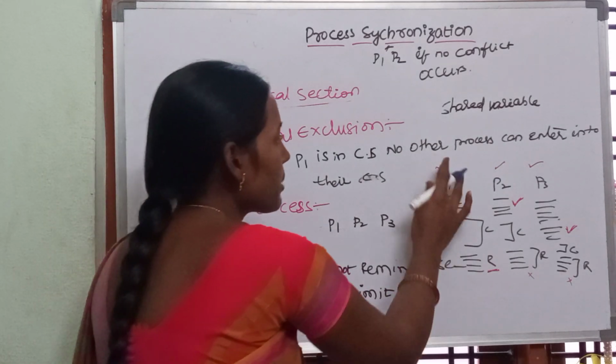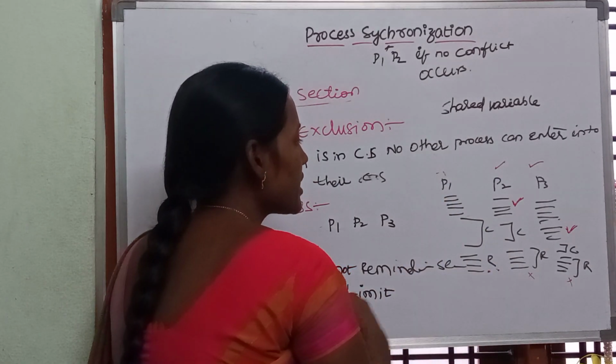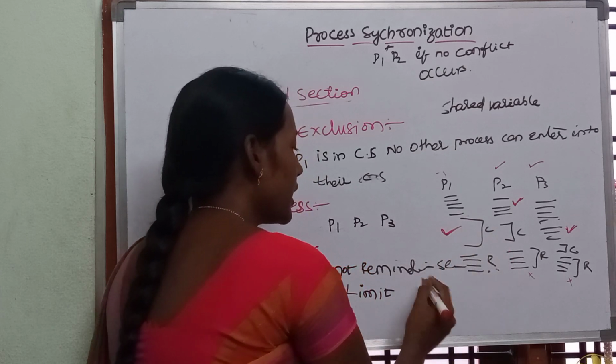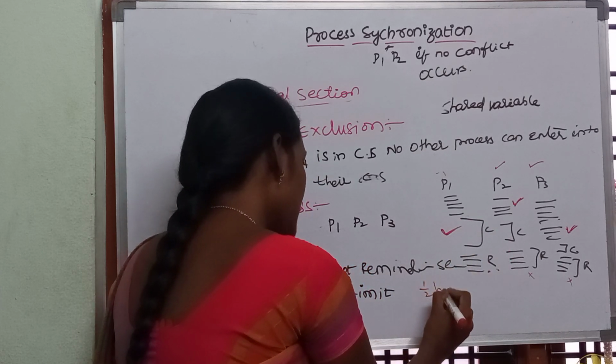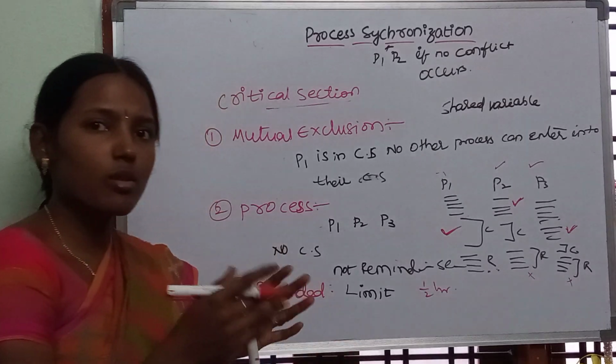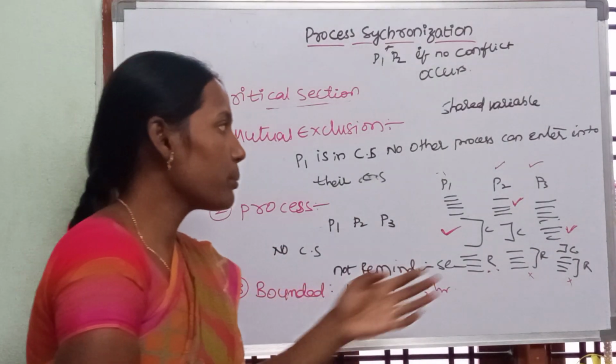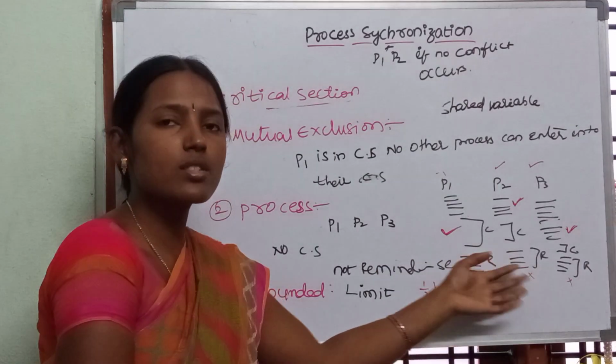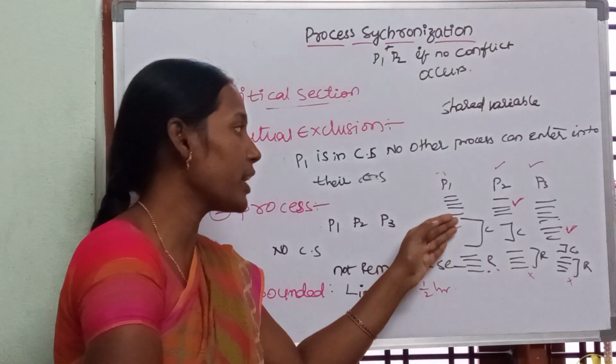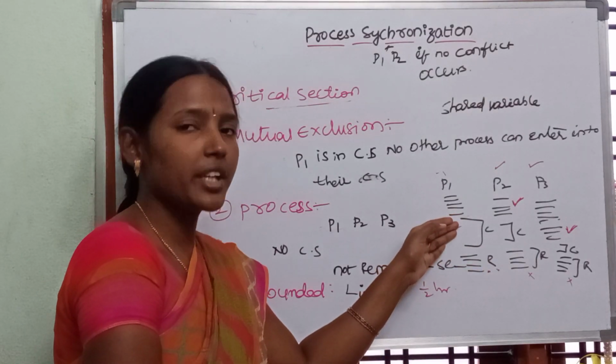Consider P1 is in its critical section for at least half an hour. It is not exiting from the critical section, so P2 and P3 cannot use the same variables which are shared in the shared memory.